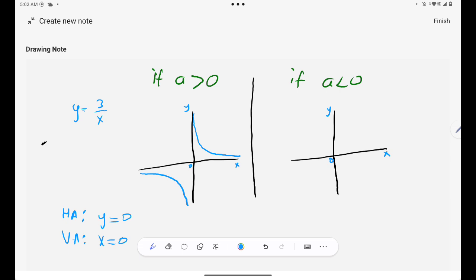Okay. An asymptote is a restriction that your graph should not touch. In this case, my graph should not touch the y-axis together. Hence, I'm saying the line x is equal to 0 is an asymptote, because x is only equal to 0 on the y-axis.